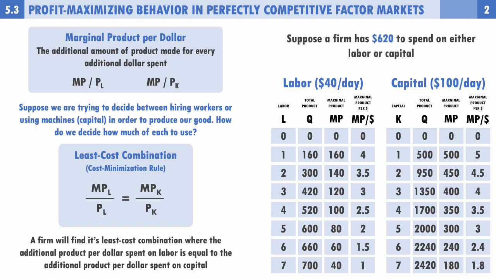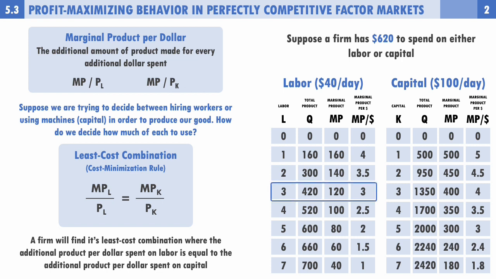So let's say we're given a situation where, suppose a firm has $620. That's their budget to spend per day on either labor or capital. What would be the best combination? Well, similar to our previous situation, first of all, we need the least cost, or those marginal products per dollar, or as we talked about before, marginal utility per dollar, to be equal, but we also have to stay within our budget.